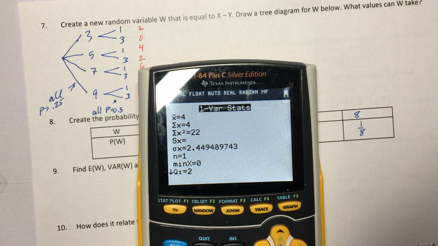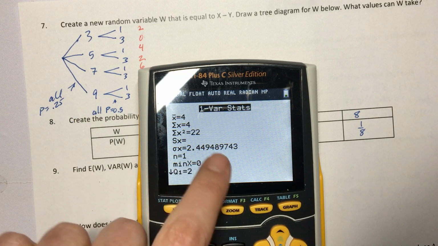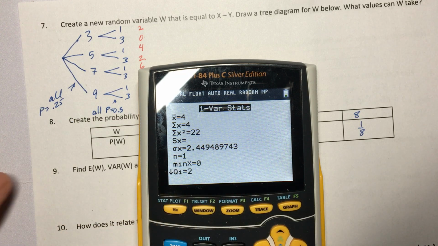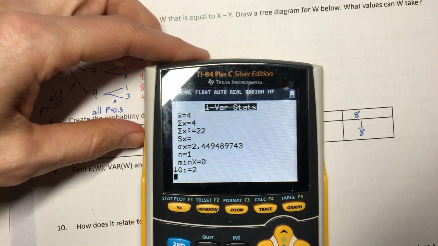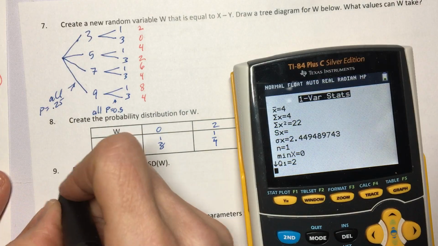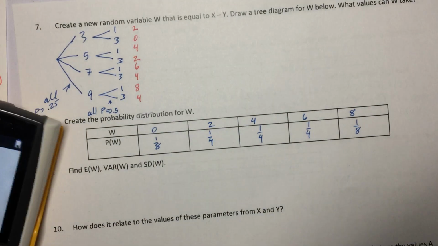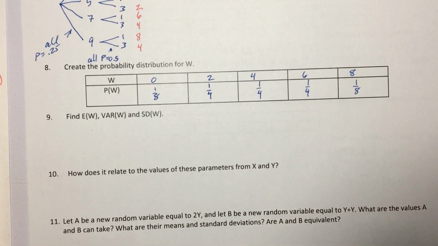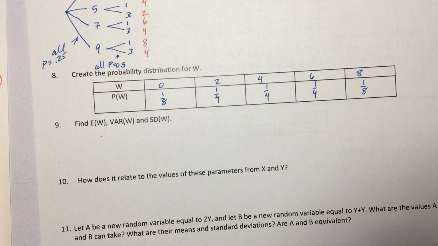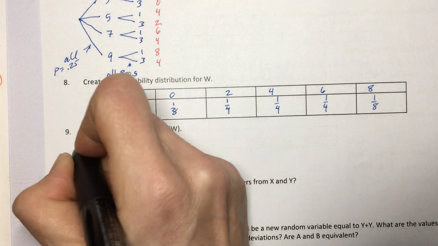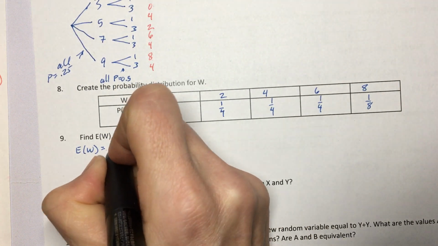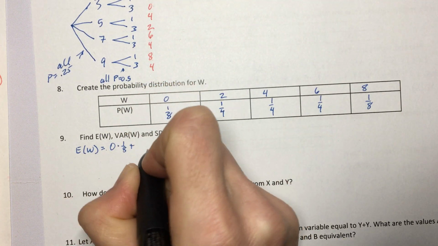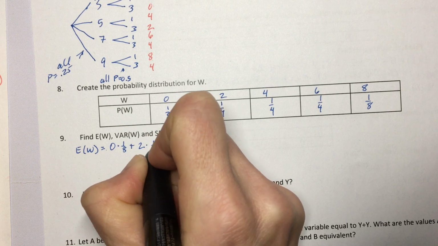It doesn't give me my variance, but I can figure that out by squaring my standard deviation and just kind of figuring it out from the rounding. So looking at this, the thing you need to write, though, even if you're using 1 var stats, this is a College Board standard. The way we would write this, you would usually write out the first thing, so the 0 times 1/8. You would write the second one, so plus 2 times 1/4.